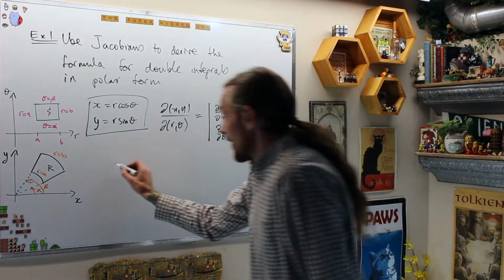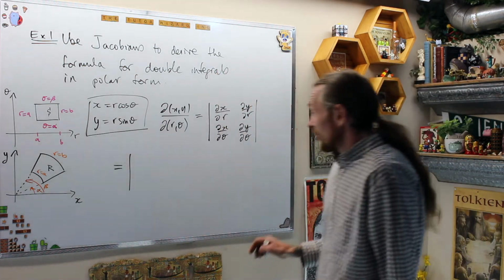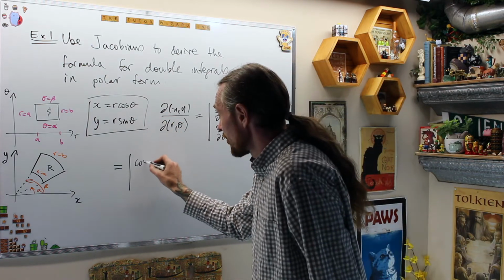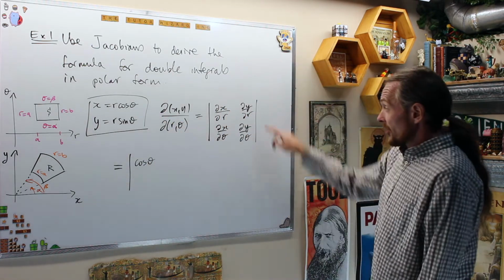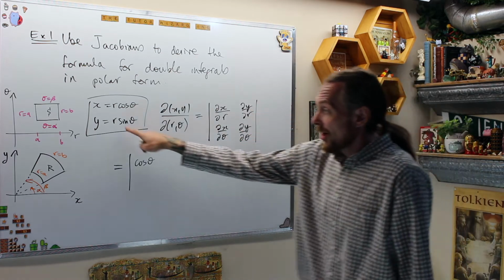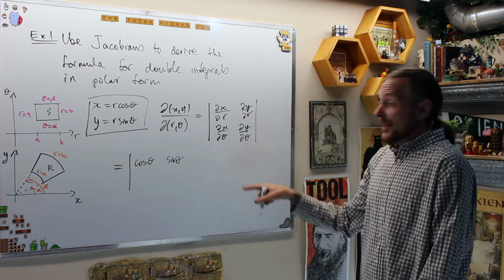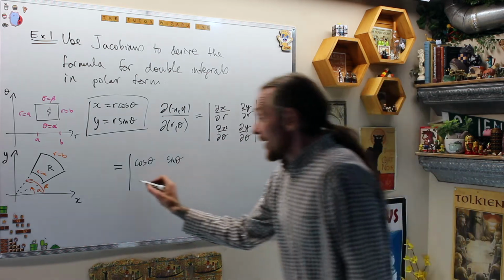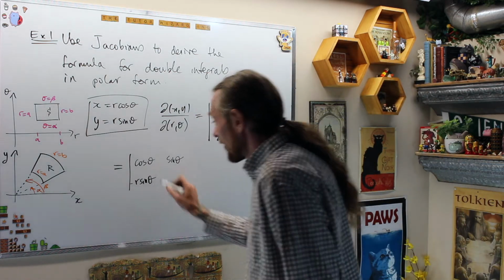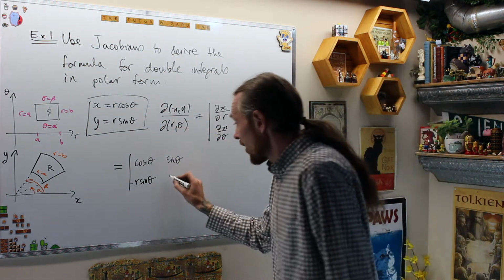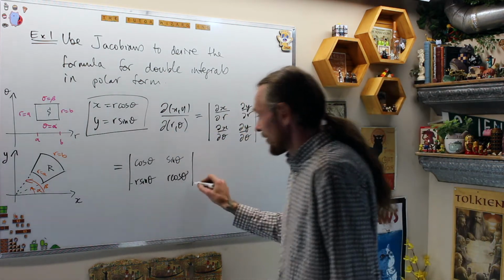So doing that, this is equal to the 2 by 2 determinant. The partial of x with respect to r is cos theta. The partial of y with respect to r is sine theta. The partial of x with respect to theta is negative r sine theta. And the partial of y with respect to theta is r cos theta.